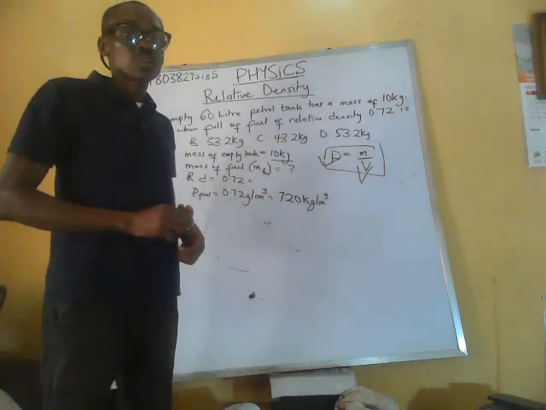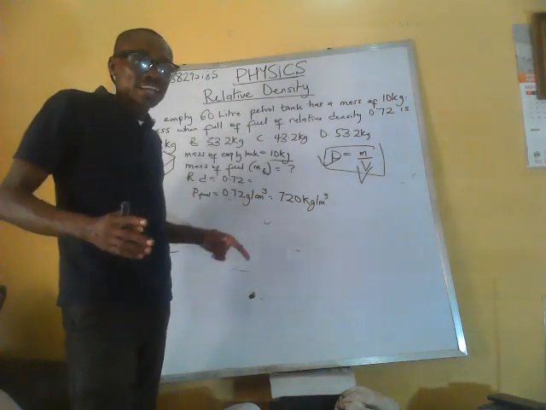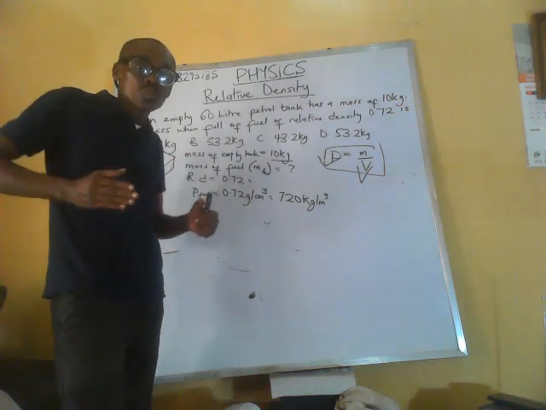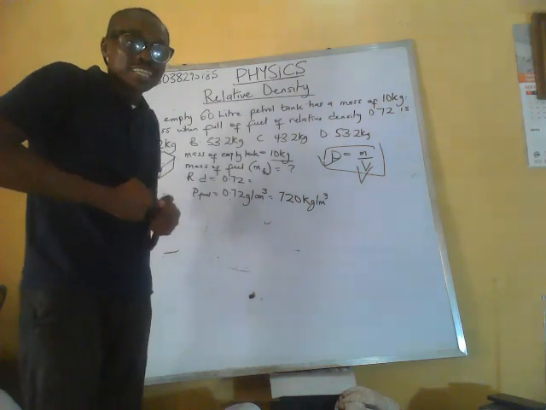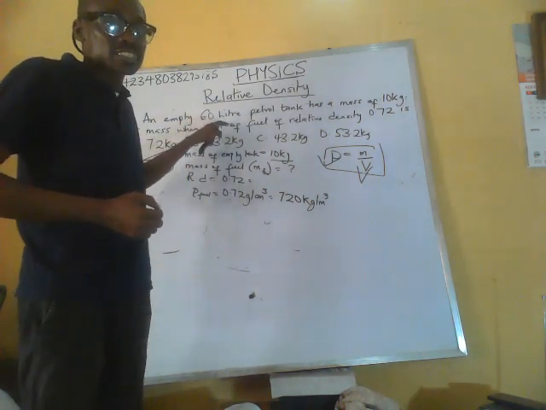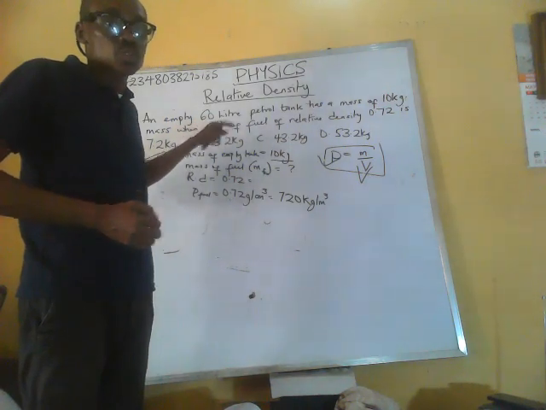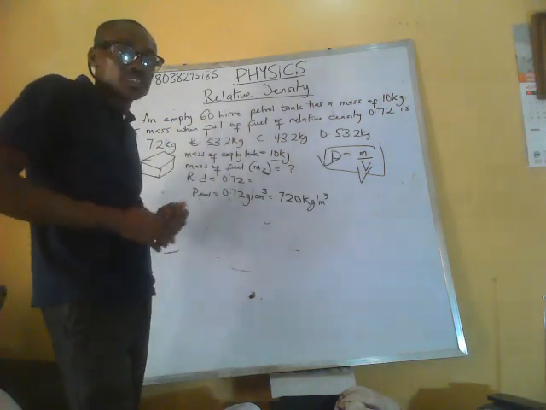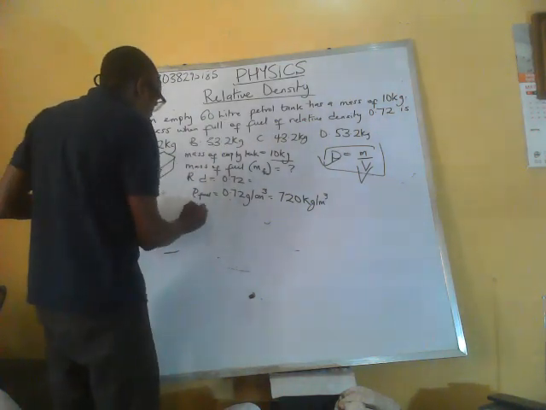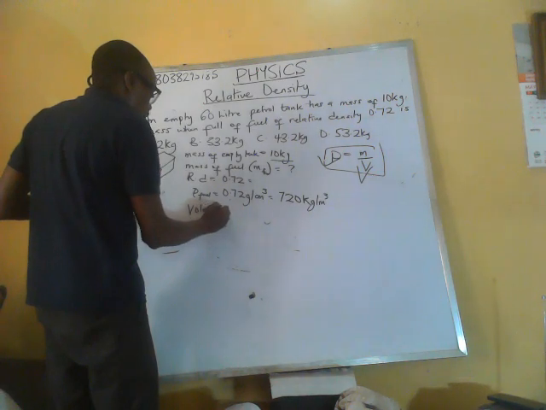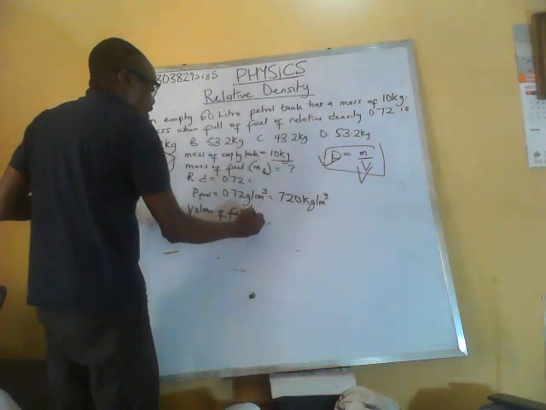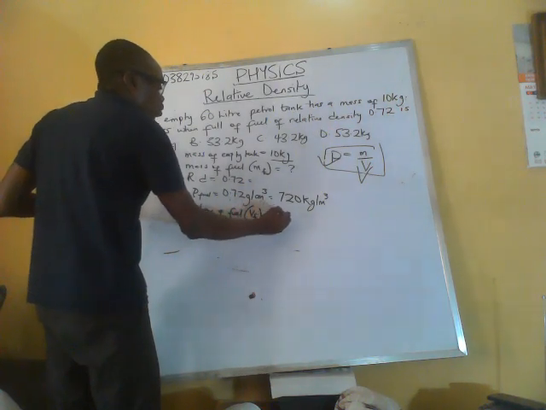So the next thing we need is the volume of fuel. So how do we get the volume of the fuel? The volume of the tank is going to be the volume of fuel. When that tank is full, the fuel will occupy the volume of that tank. So they gave us the volume of the tank, that the tank is 60 liters. The capacity of the tank is 60 liters. So when the tank is full of fuel, the fuel will have a volume of 60 liters. So volume of fuel, V sub F, is equal to 60 liters.